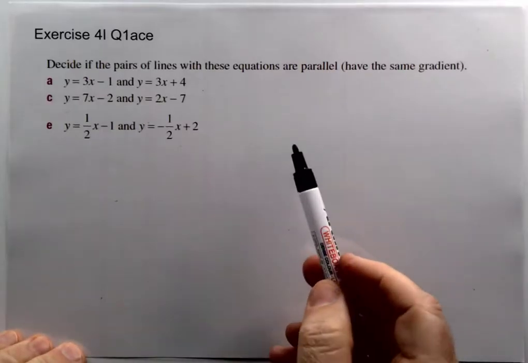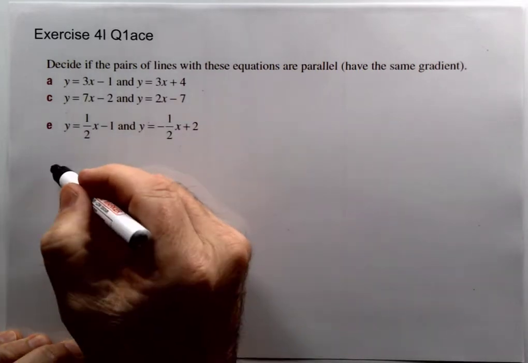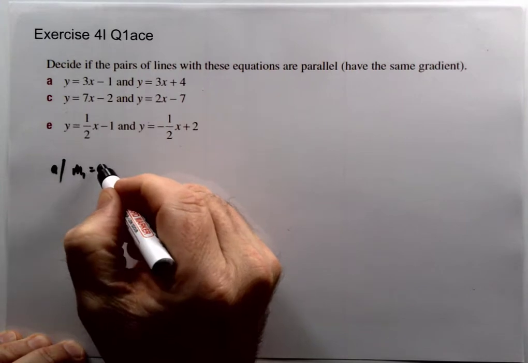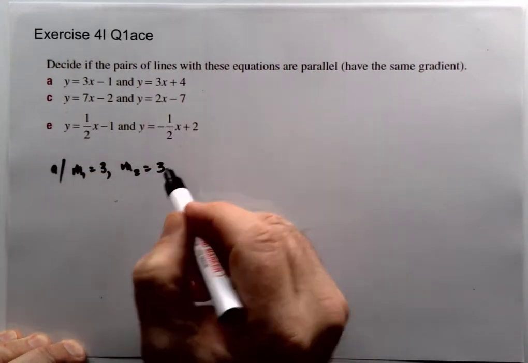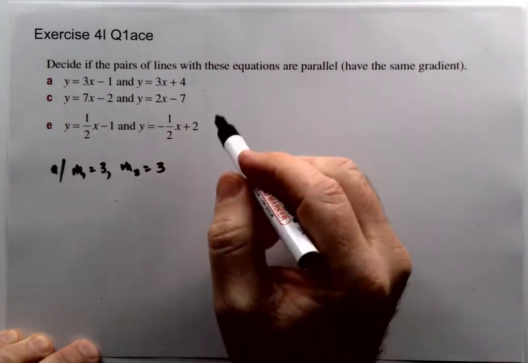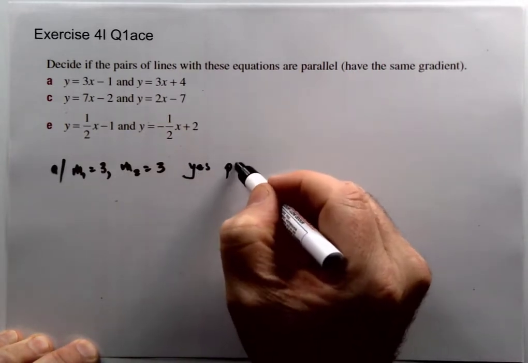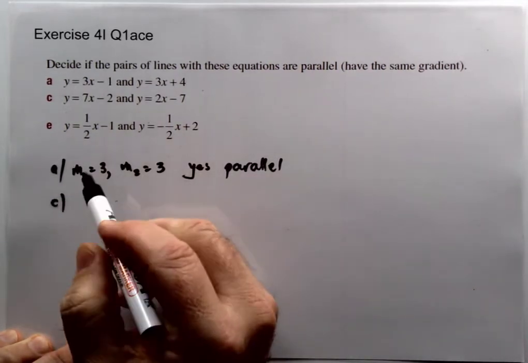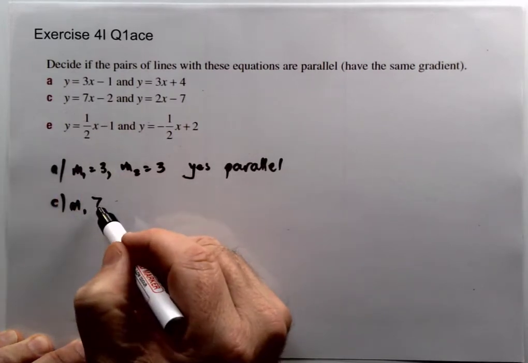Okay, we need to decide whether these equations represent parallel lines or not. Okay, so for the first one, the gradient is going to be 3. For the second one, the gradient is also equal to 3. Since the gradients are equal, then yes, they are parallel lines. Okay, for part C, we've got the first gradient there is equal to 7.